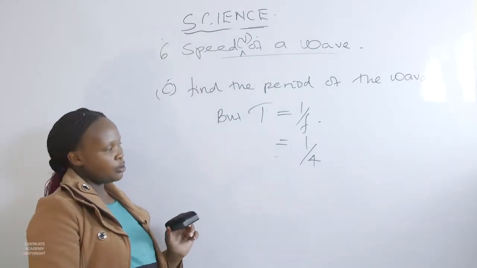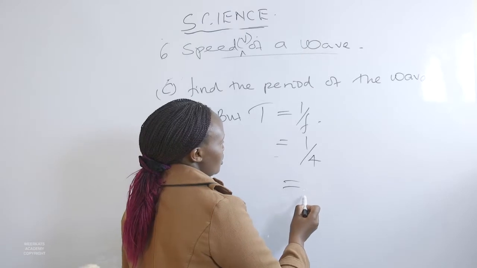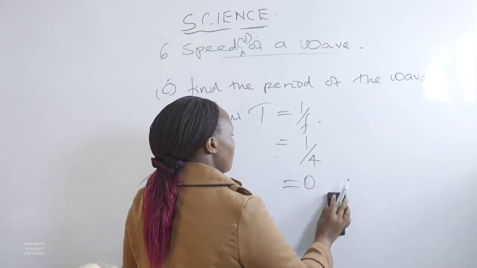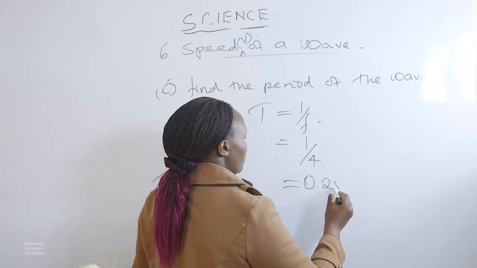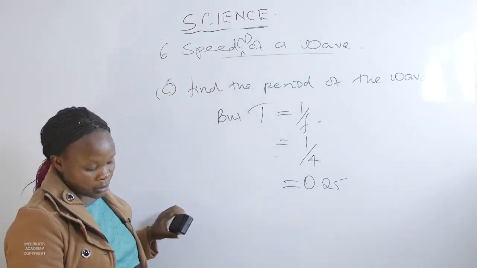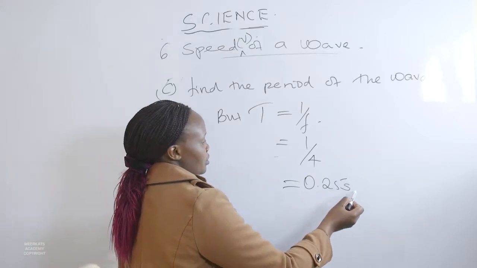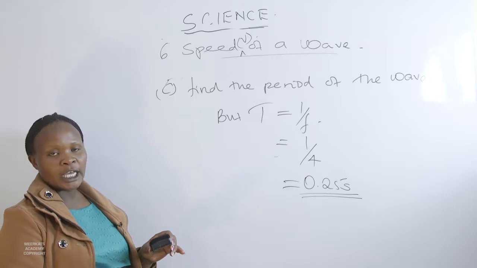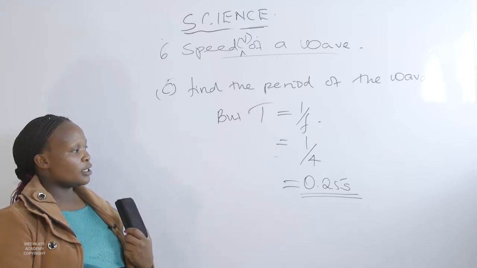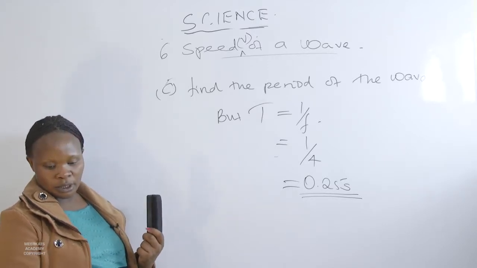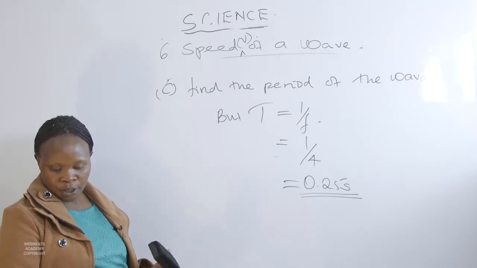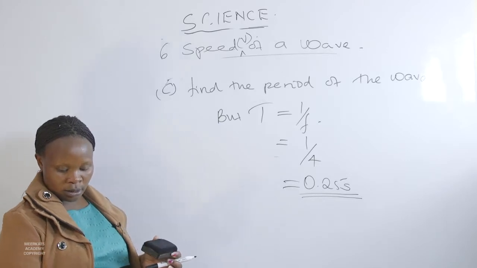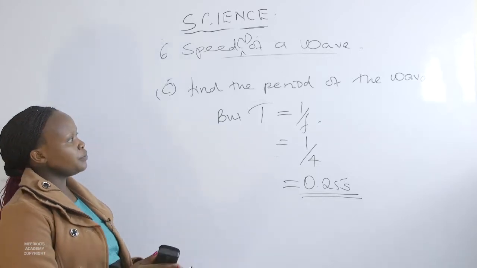Therefore, our period will be a quarter, which is equivalent to 0.25 seconds. 0.25 seconds is the time required to complete one oscillation.